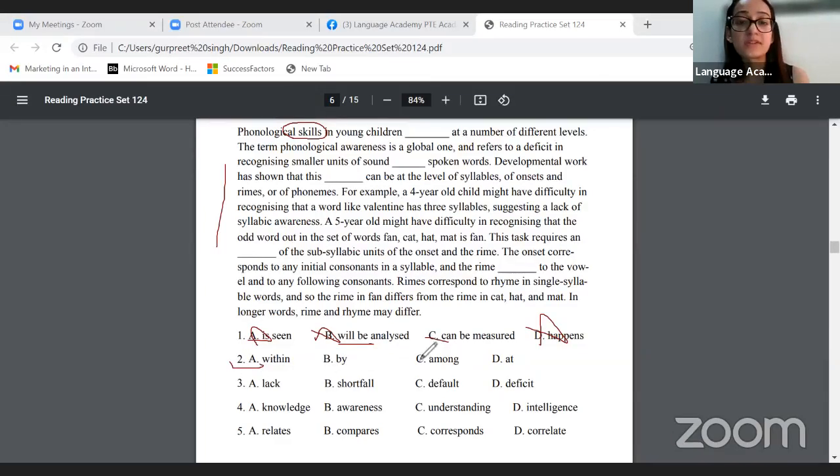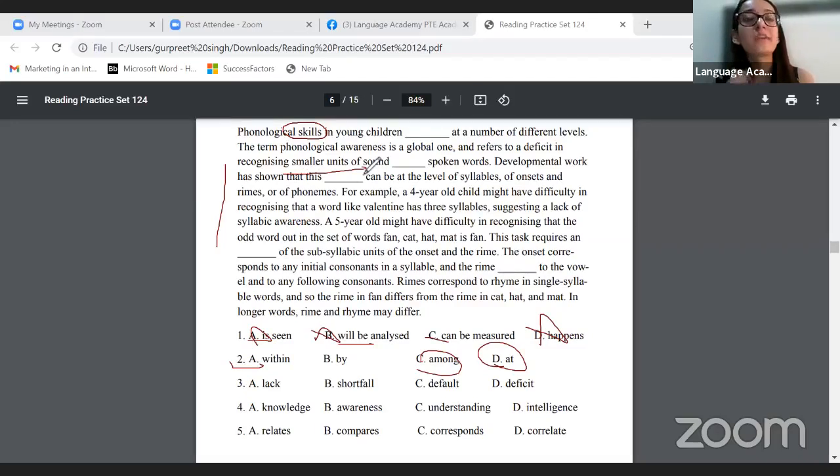By spoken words, among or at. See, what is the difference? If you have gone through the grammar videos, you will know the uses of the prepositions. At generally comes with time of the day or with places. Among comes when you want to say something is more than two. So here, if we put among, what it means is refers to deficit in recognizing small units of sound among spoken words.